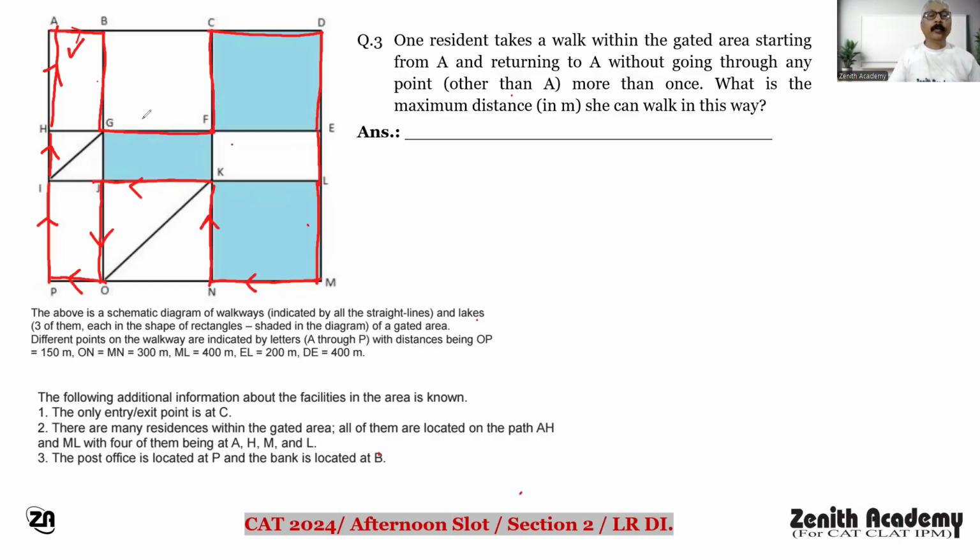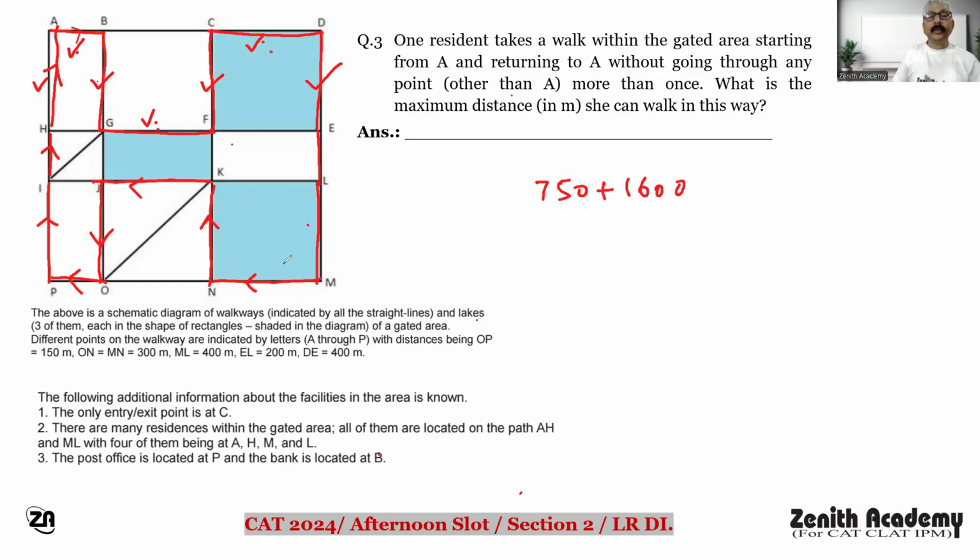So now this is 150 plus 300 plus 300. 1, 2, 3. So 150, 300, 300, it is 750. And this 400, 400, 400, 400, it is 1600. 1, 2, 3, 4.